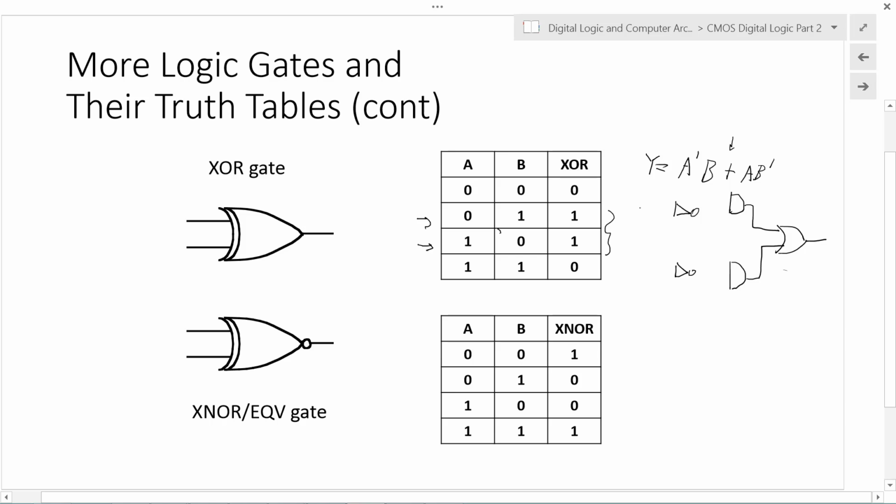So we have A ANDed with B prime. We have A prime ANDed with B, like so.